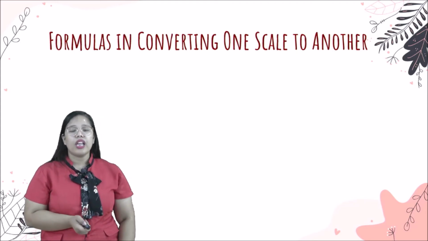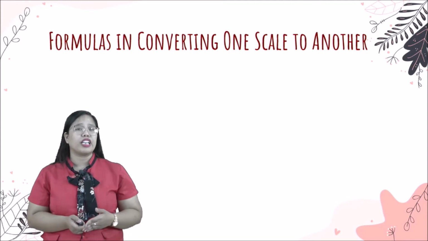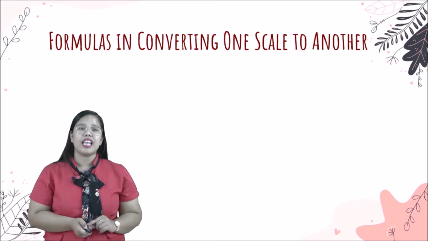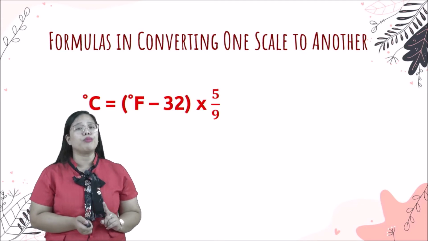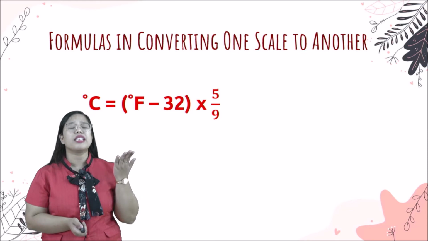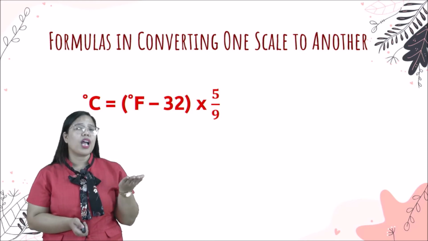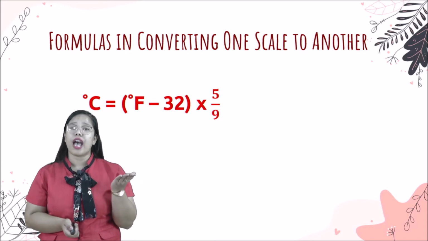So, let's have now the summarization of our lesson. I hope you understand how we will convert degrees Celsius to degrees Fahrenheit, or vice versa, degrees Fahrenheit to degrees Celsius. Always remember, kids, that in converting degrees Fahrenheit to degrees Celsius, we will be using the formula: degrees Celsius equals the quantity of degrees Fahrenheit minus 32, times 5 over 9.